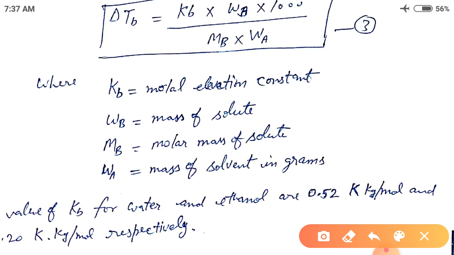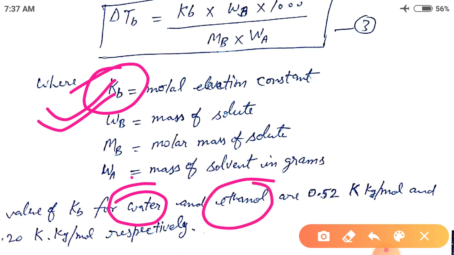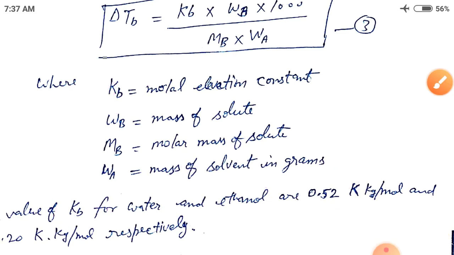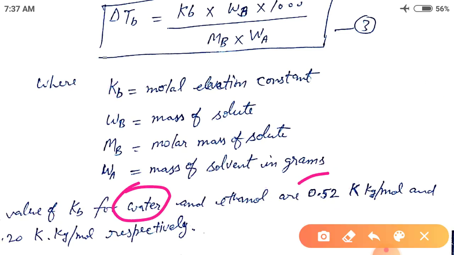We must remember the value of Kb, that it is different for different solvents. Actually, you must remember the values of some solvents like water and ethanol. The value of Kb of water is 0.52 Kelvin kilograms per mole.